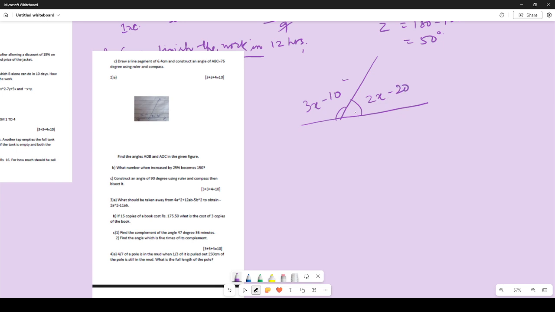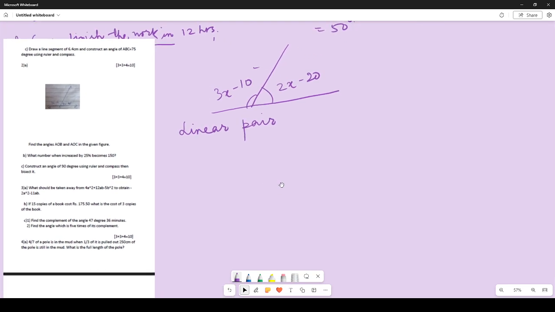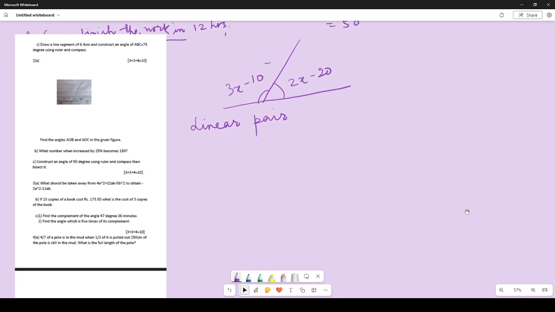Now if you look at it carefully, it forms a linear pair, right? So with the linear pair, we know that the sum of both the angles is equal to what? Yes, absolutely correct, 180 degrees. So 3x minus 10 plus 2x minus 20 is equal to 180 degrees.